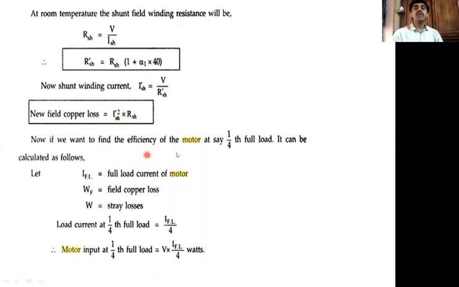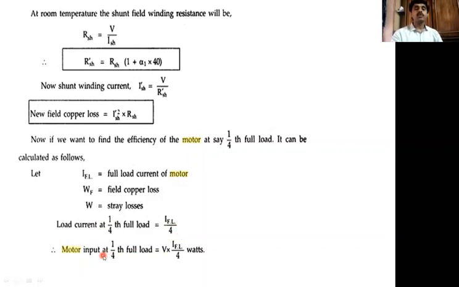Now, if you want to find the efficiency of the motor, say at 1/4 of the full load, it can be calculated as given below. Let IFL be the full load current of the motor, WF the field copper loss, and W the stray losses. Then the load current at 1/4 of the full load is equal to IFL by 4.